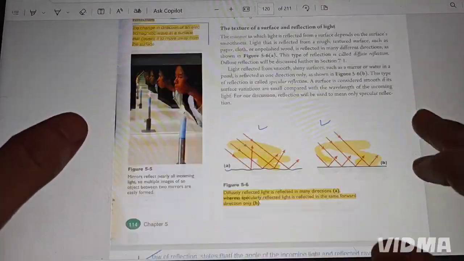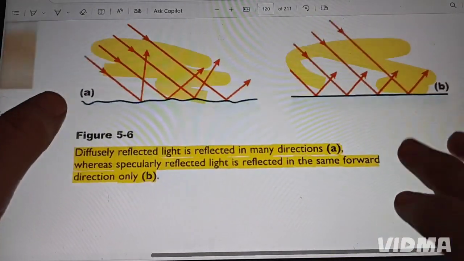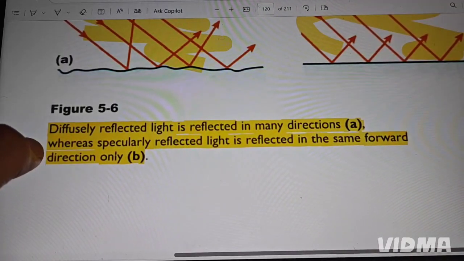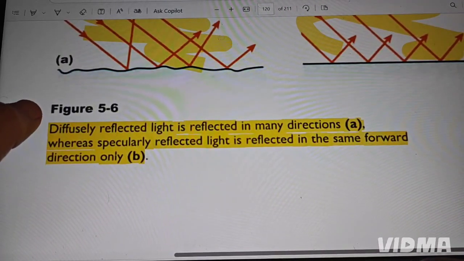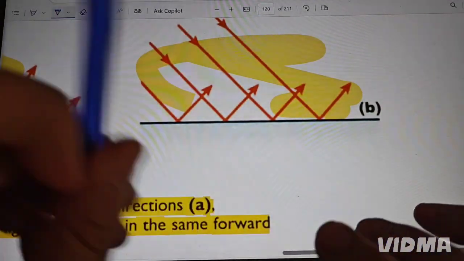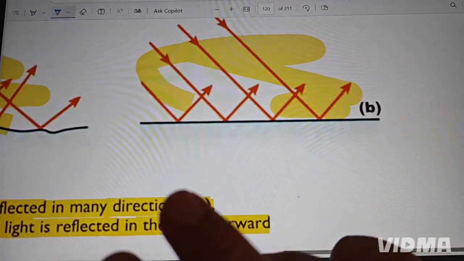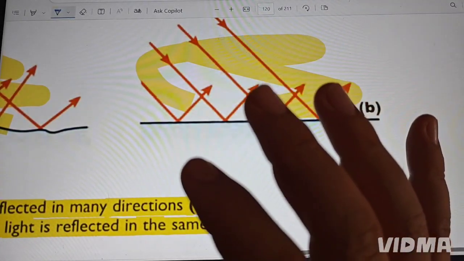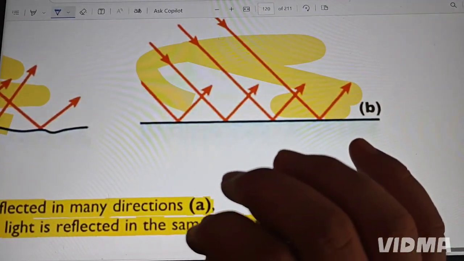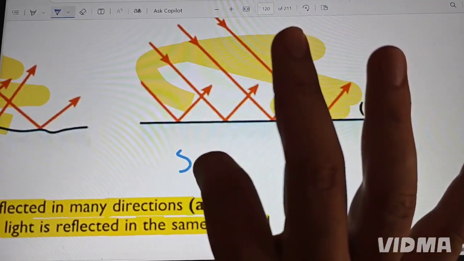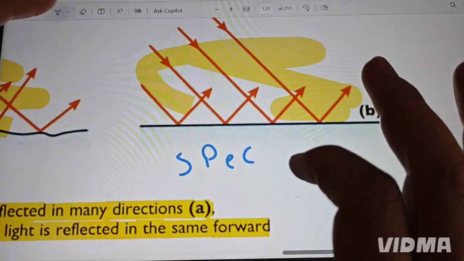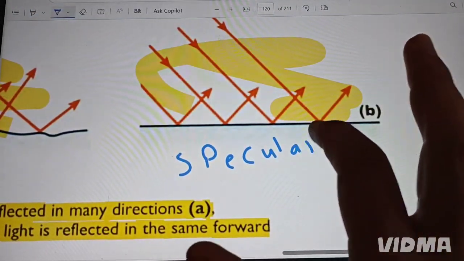That was reflection. So now we have two types of reflection. This is a smooth surface, and that one is called specular reflection.